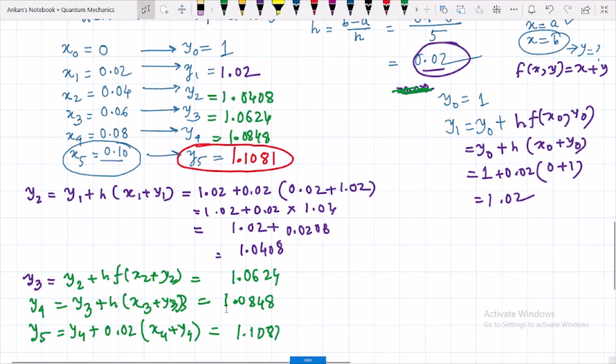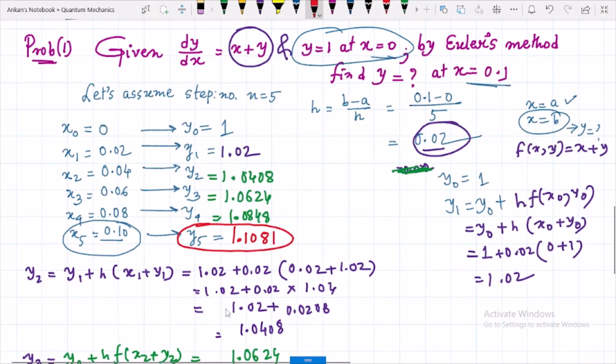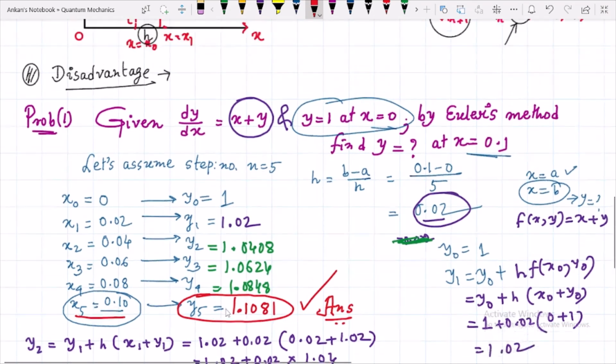We were asked to find the solution of y at x equal to 0.1. So at x equal to 0.1, the value of y is this. This is the actual answer. In this way, we can solve the first order first degree ordinary differential equation through Euler's method numerically.